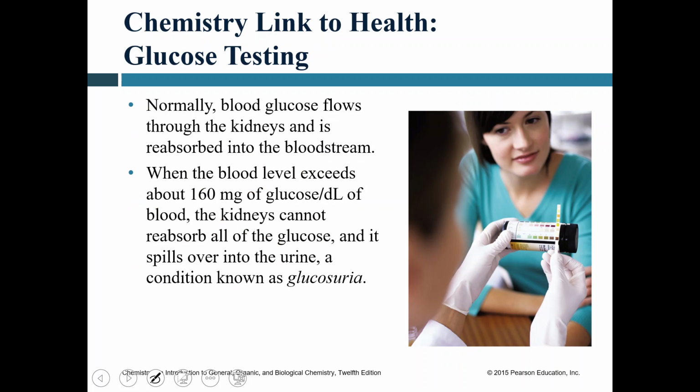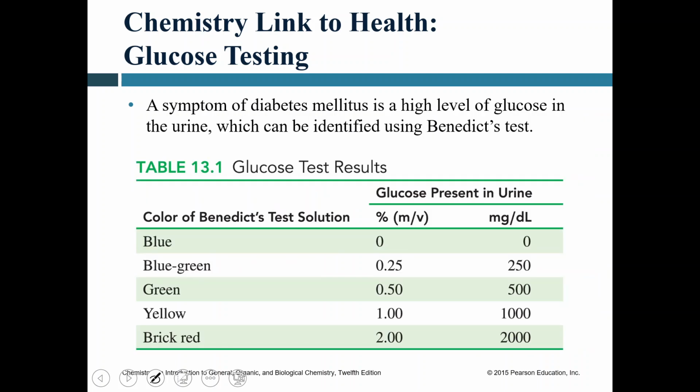Now we're going to talk about the role of glucose in health. Normally, blood glucose is reabsorbed into the bloodstream back in the kidneys. But when the blood levels exceed roughly 160 milligrams of glucose per deciliter of blood, the kidneys can't reabsorb all of the glucose, and it goes into the urine. This is the condition known as glucosuria.